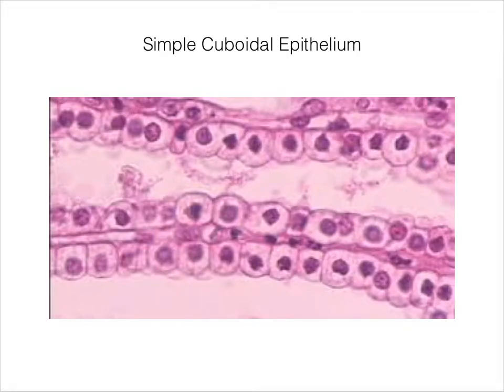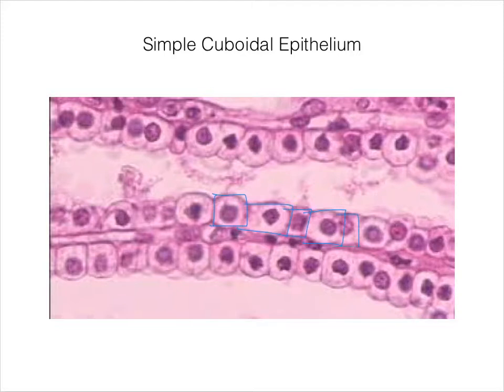This is also simple cuboidal epithelium. As you see, this area here, that is the free surface or lumen. This area here, that is a basement membrane. That's a different type of cell. And these cells are tightly packed next to each other.